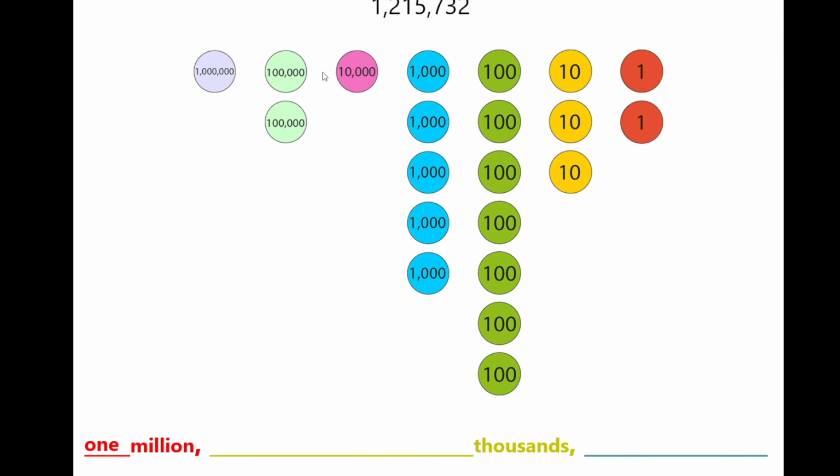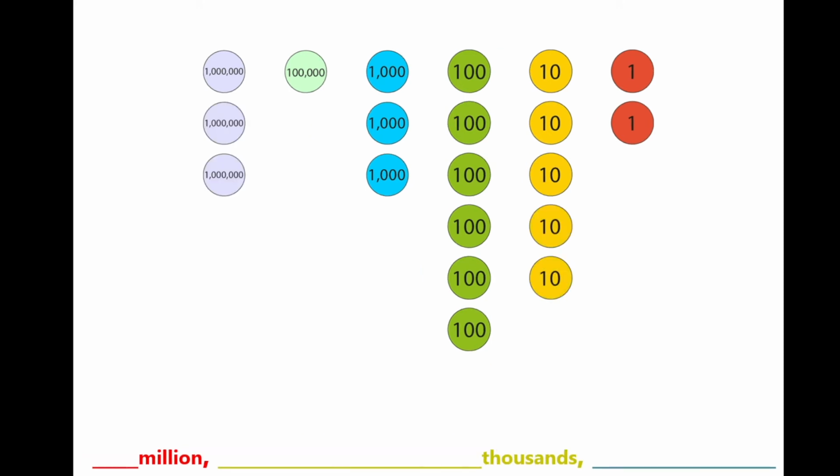Thousands, these are all made of thousands. We've got 200, 10, and 5, 215 thousands. And the rest of it is 732. Similar again, there's a bit of a trick here, see if you can spot it. What is the name of this number?